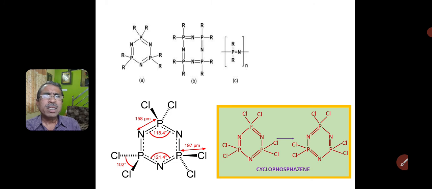The bond length between N and P in the ring is 158 picometers and the length between P and Cl is 197 picometers. Based on this, the structure of the phosphonitrile chloride trimer is shown in this slide, which also has resonating structures.